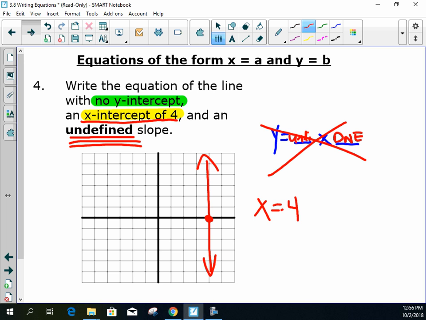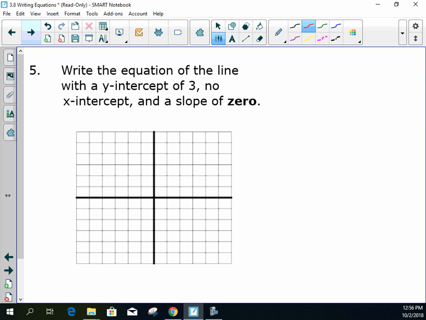Let's go to this one. Write the equation of a line with a y-intercept of 3 and no x-intercept and a slope of 0. Do I have a slope? Yes, I do. It's 0. So now, y equals blank x blank.